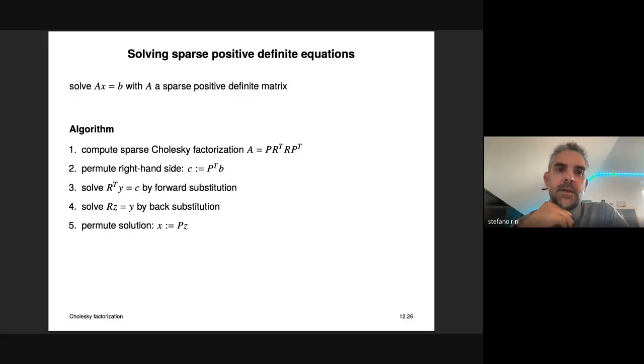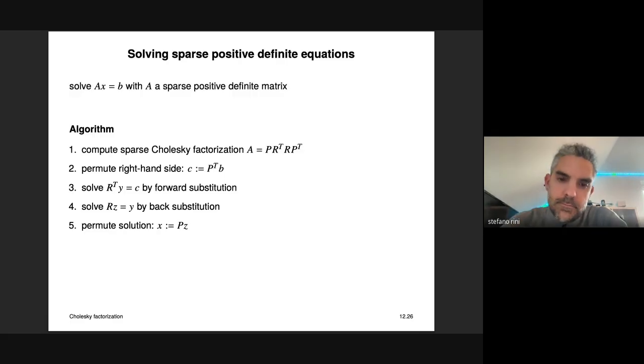Very good. So let's say that now we have Ax equal to b, with A sparse and positive semi-definite. Then what we can do is compute the Cholesky factorization, and we have to choose a good permutation P. As we said, we mostly have to rely on heuristics in finding these good P's. There is no exact solution for this, right?